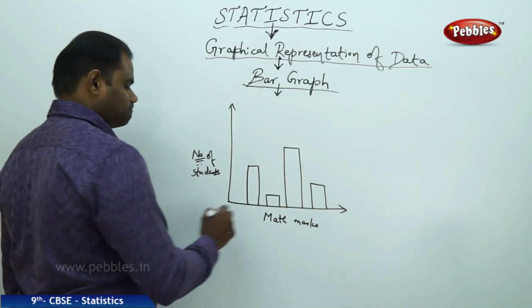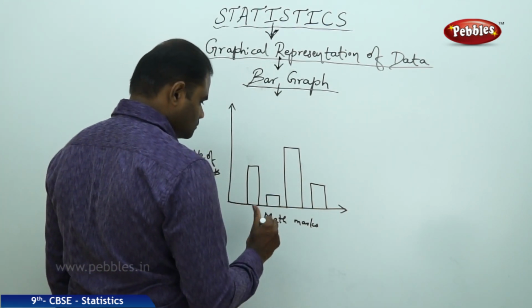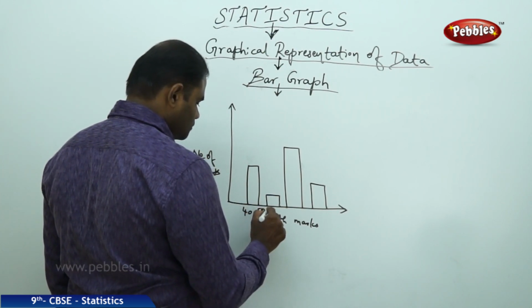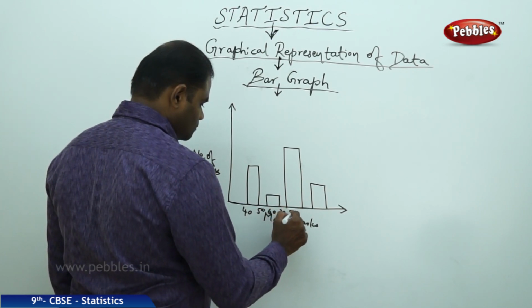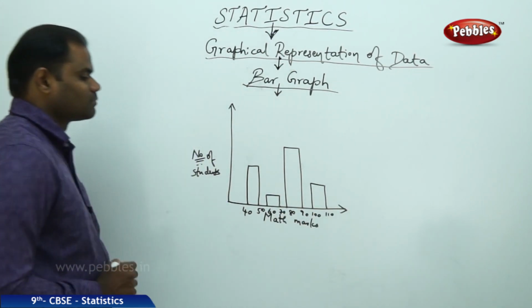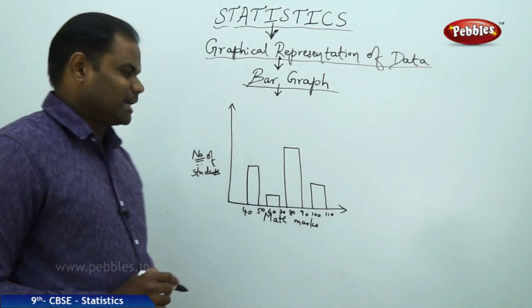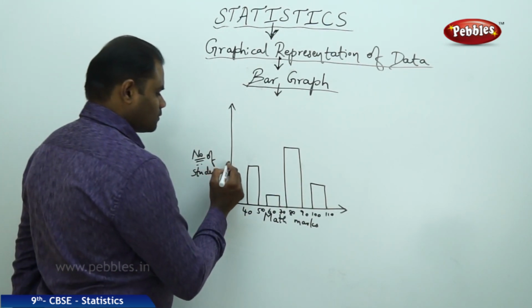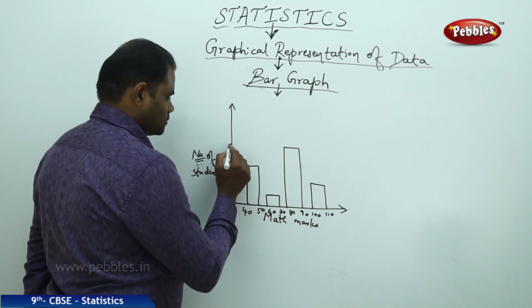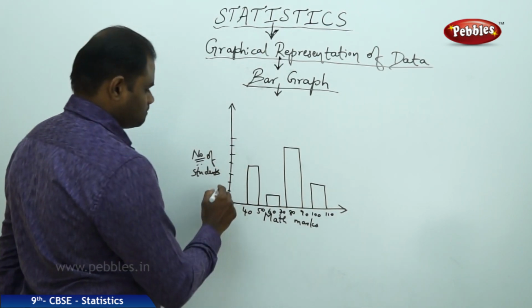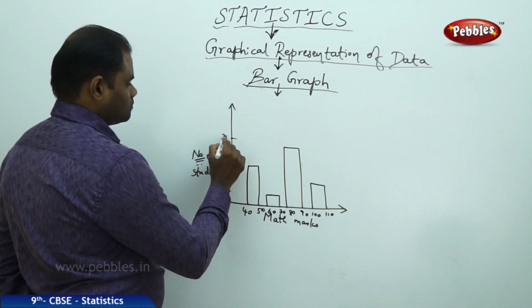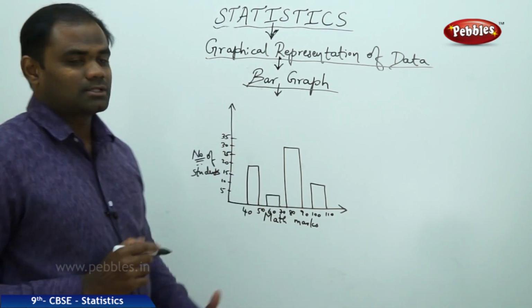So for example, I have the marks on x-axis and number of students on this, where they are listed through this graph.